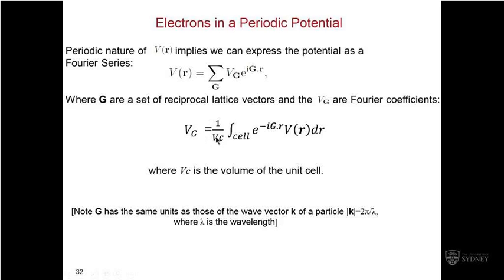This is the potential in real space, V of R. This is the coefficient when you expand in a Fourier series, V of G, and V of c is the volume of the unit cell with which we are normalized. That's nothing new.